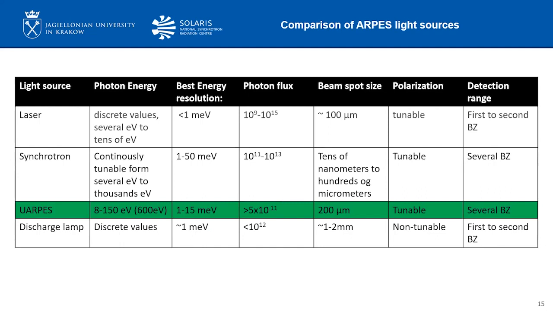The continuously tuned photon energy makes it possible to map the electronic structures in the entire 3D momentum space and distinguish the surface and bulk states, by performing photon energy dependent ARPES measurements.